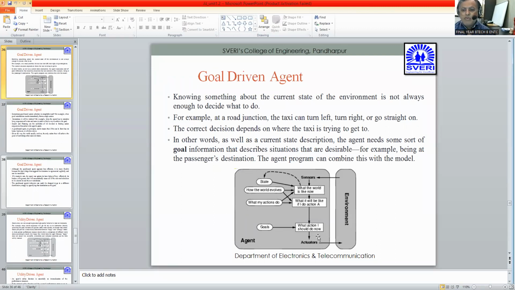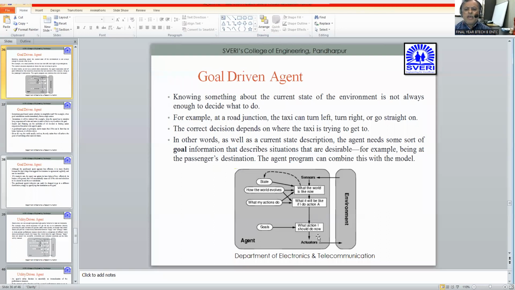Understanding? So now the sensors are sensing the information, sensing the input from the environment. Then first, it will be what the world is like now. At the right moment, the agents have the information that is received from the sensors. Then it will get to know the state of that information, right?